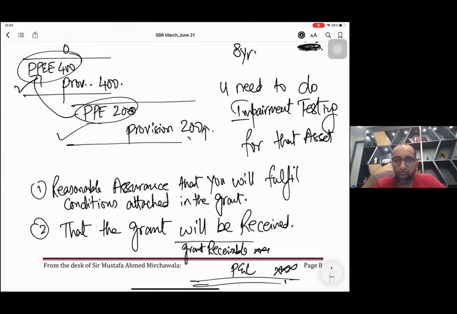We haven't satisfied the second condition. That's why we can't book this grant.